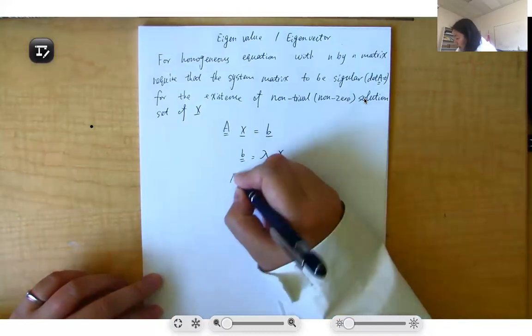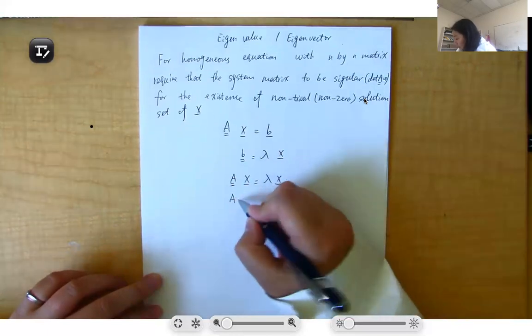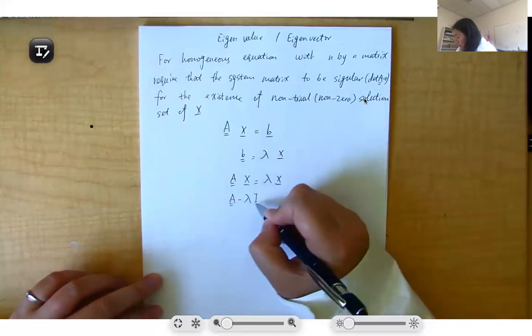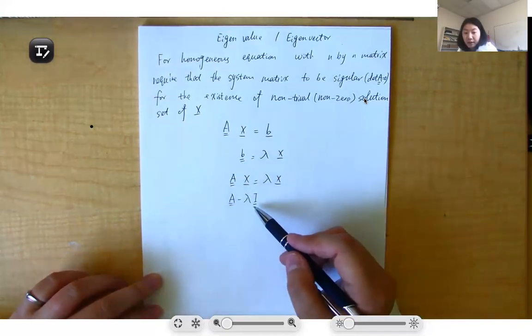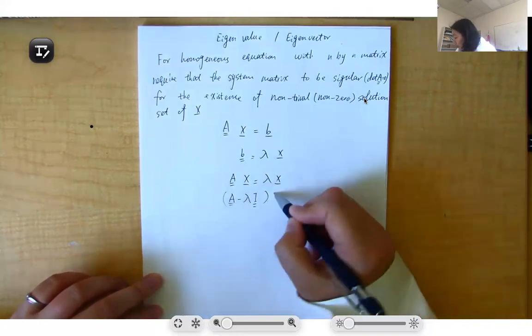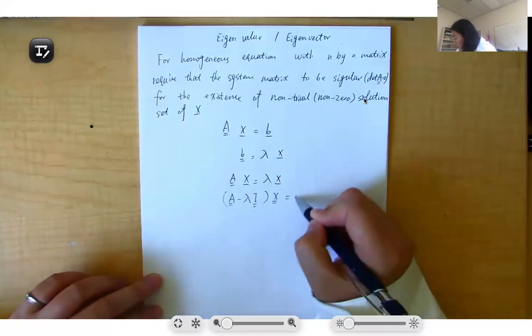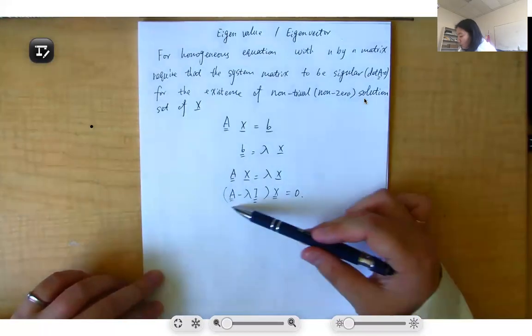So we have Ax equals lambda x, so A minus lambda I, because A is a matrix and lambda is a number, so you have to multiply by the identity matrix, times x equals 0. Based on the definition, this is a homogeneous equation.